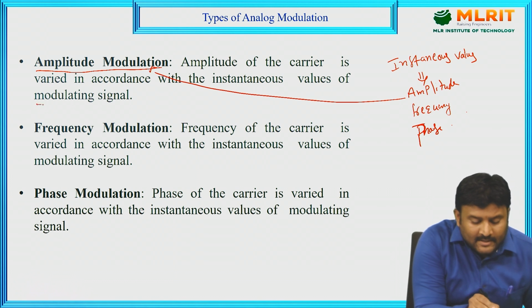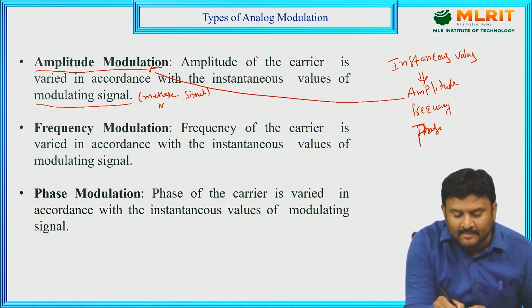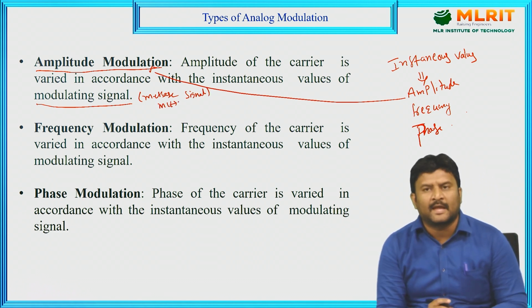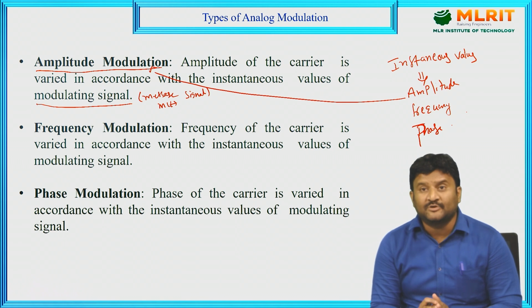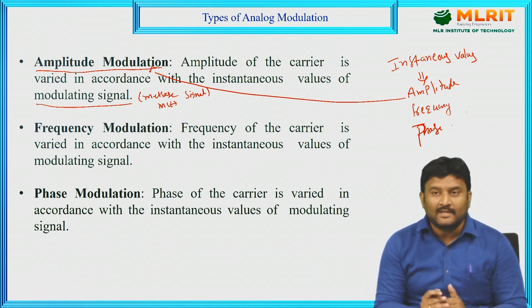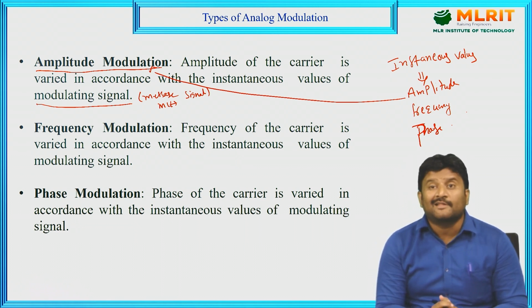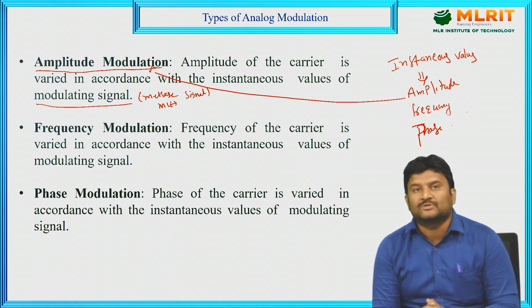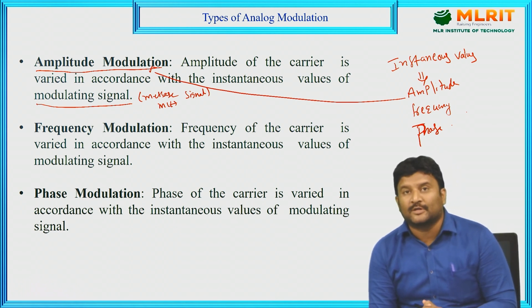Remember, the modulating signal is also called a message signal or information signal, which I represent mathematically as m(t). So the amplitude of the carrier signal is varied according to instantaneous values of the message signal. That is called amplitude modulation.